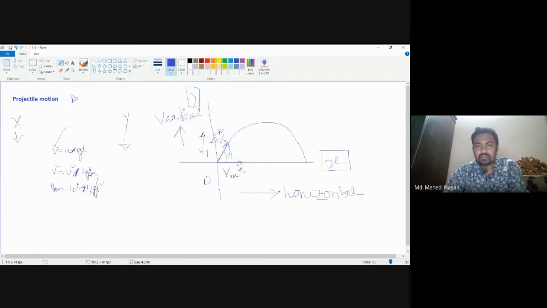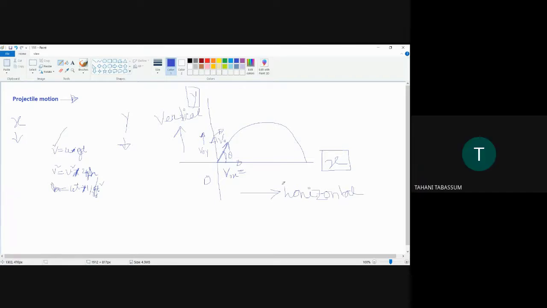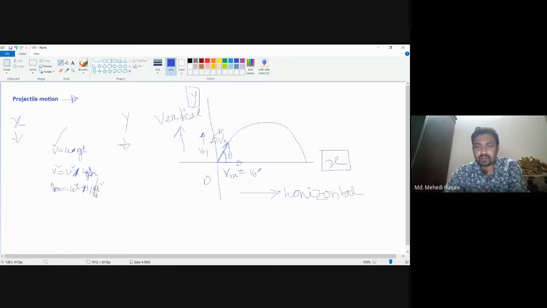If the vector v naught makes an angle theta with the x-axis, what will its x component be? Do you remember what we found for vectors, the x component and the y component? Sir, v naught cos theta. Yes, it will be v naught cos theta. That means v naught is the magnitude of the vector, and cos theta comes from the right-angle triangle ratio.